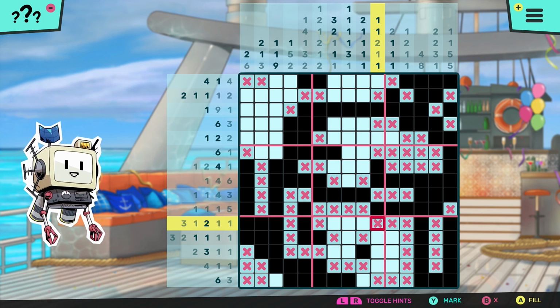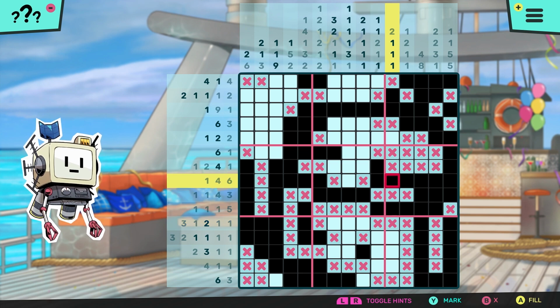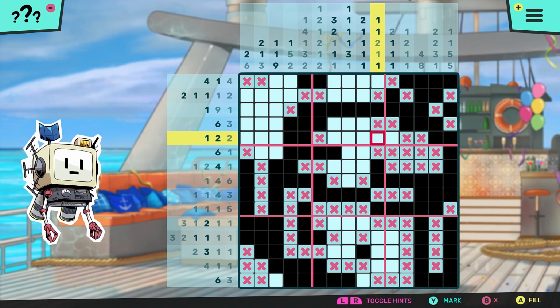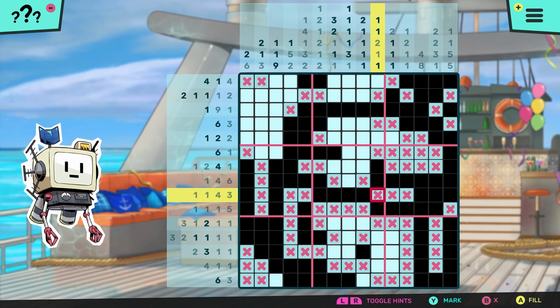Nope. There you go. Pretty sure that's straight up what it is. Because the 2 can't fit anywhere else. And also this column, row was already done.